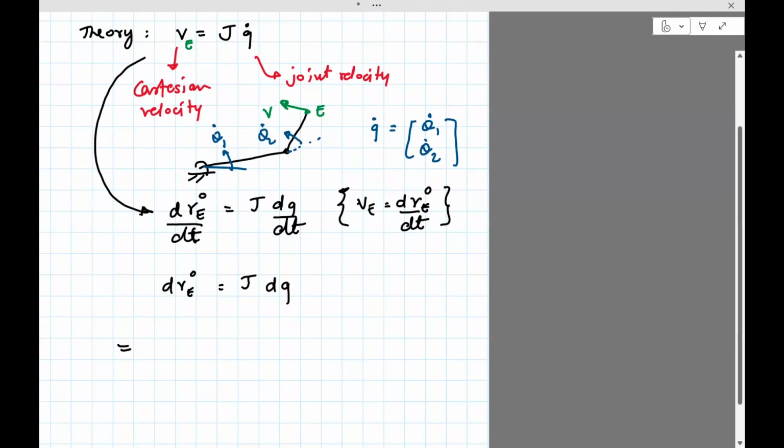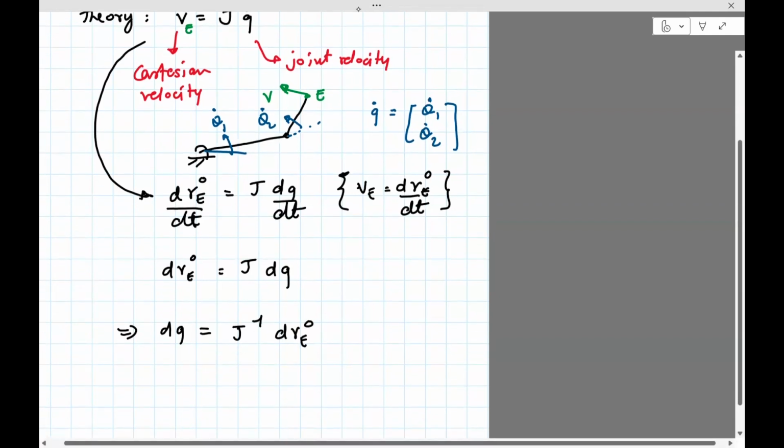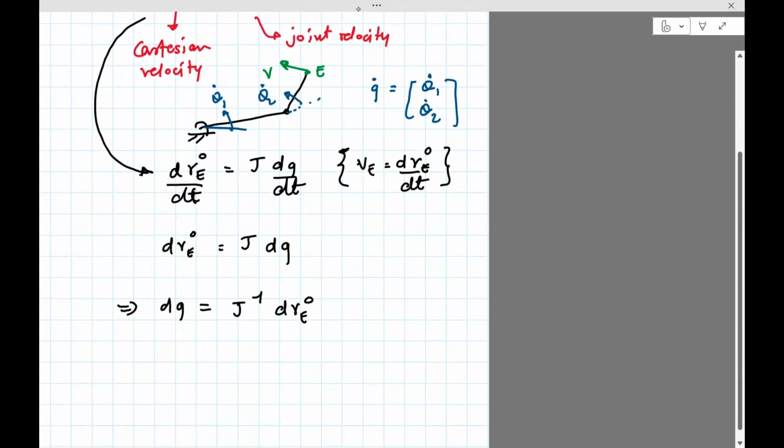Or in other words, if you want to find the rate of change of dq, it's J inverse dRE. Okay, so we are very close to figuring out how to do inverse kinematics with that formula. What I'm going to do is write this right-hand side as J inverse. Okay, so what is dRE?